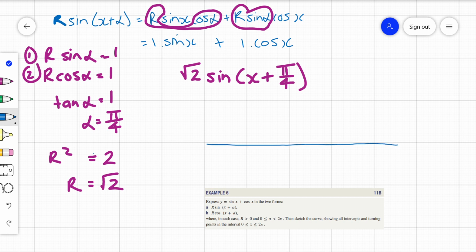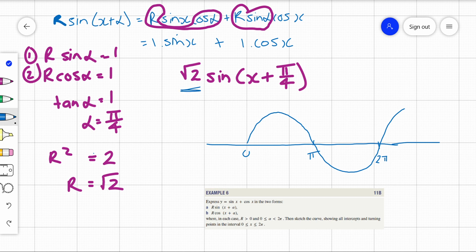Let's go back to here for a second. If we were looking at just the sine curve, let's say starting from here, and going up, down, usually for a sine curve, this would be 2 pi, this would be pi, if this was 0 here. We'd also know the amplitude.